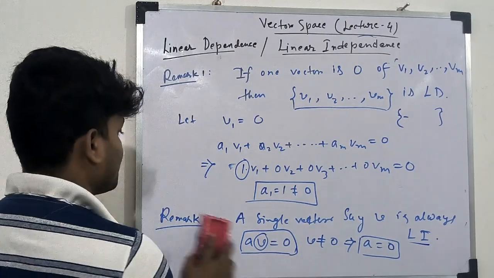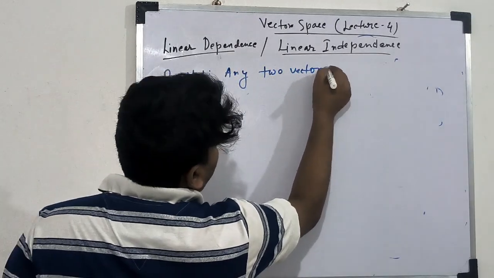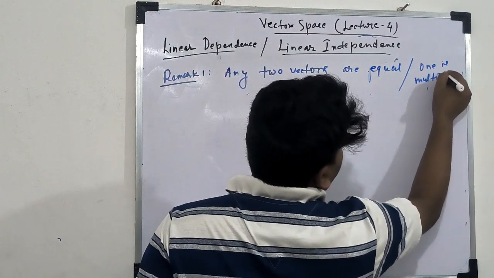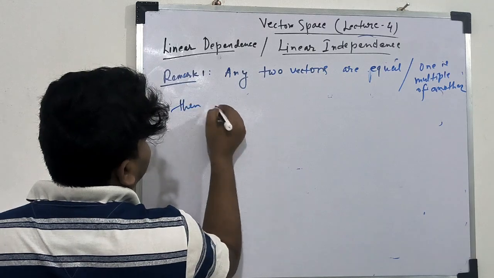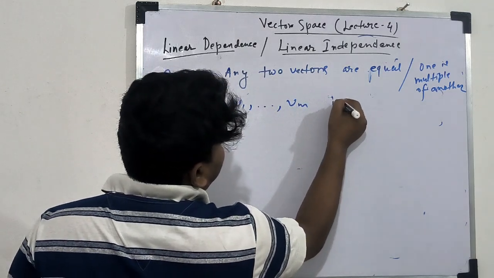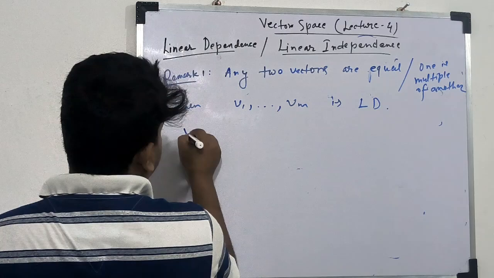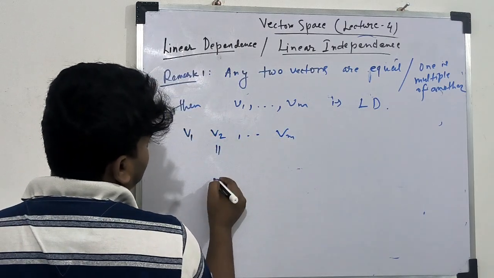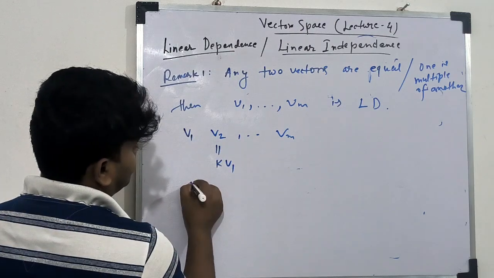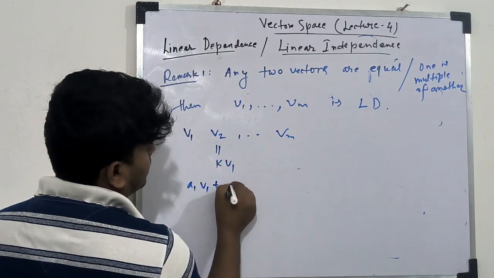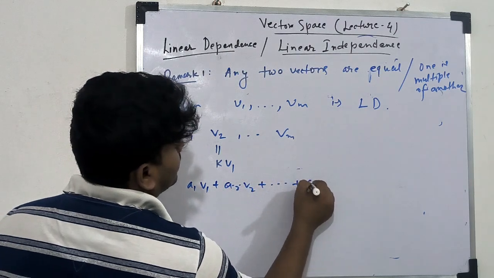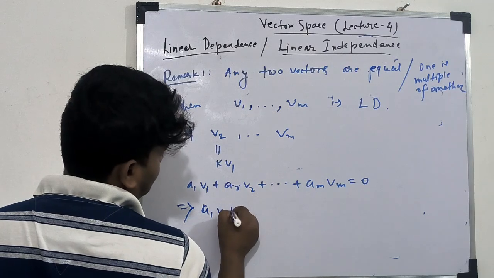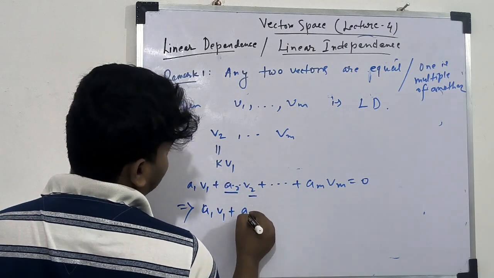And remark 3: if any two vectors are equal or one is a multiple of another, then v1 v2 dot dot vm is linearly dependent. So if we have v1 v2 dot dot vm and we say v2 equal to k into v1, then a1 v1 plus a2 v2 plus dot dot am vm equal to 0 can be expressed as a1 v1 plus a2 k v1, where v2 is written as k v1.